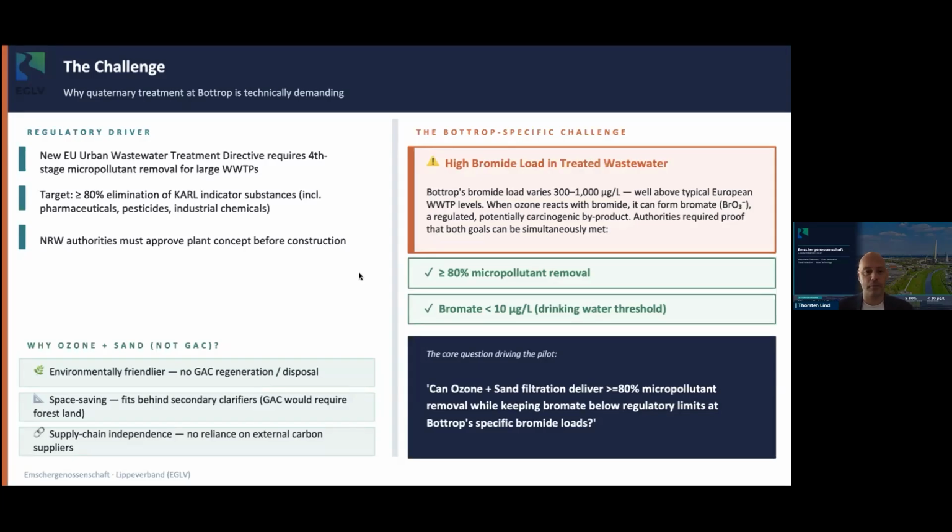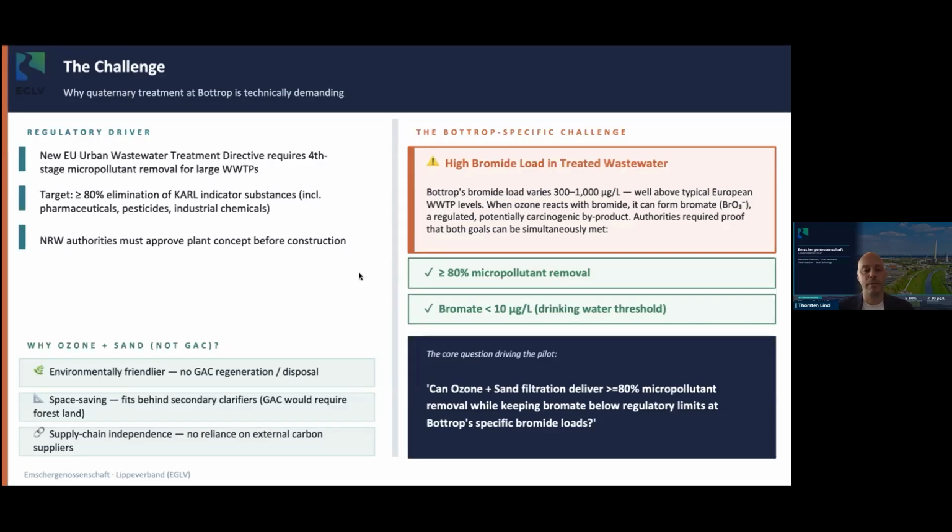Bromide itself is not a problem, but if you treat it with ozone, it oxidizes into bromate, and bromate is highly carcinogenic, which is why the authorities are not very keen on this method.